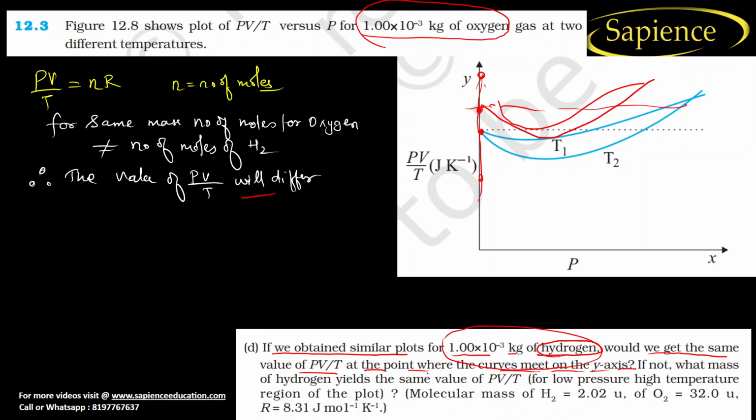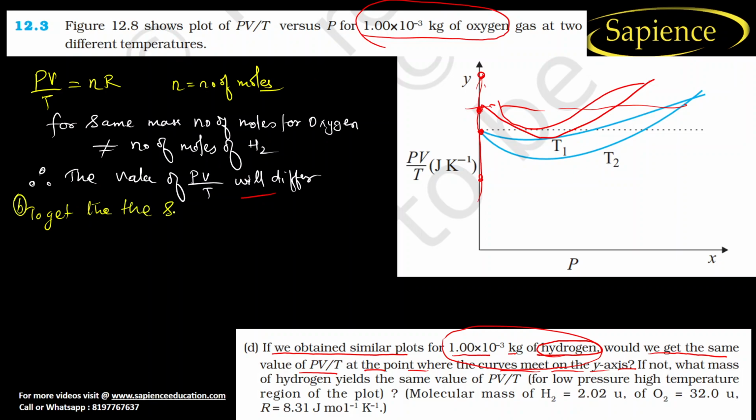Now the second part they are asking: if not, what mass of hydrogen yields the same value of PV by T? This is part B of the question.